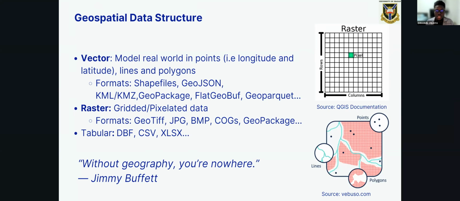The way we represent that is by using the vector data structure, because we can convert all these addresses into points and put them on the map, and we can see that, okay, during this call, we had people from this part of Nigeria, this part of the world, this part of Ibadan. So vector data sets model the real world, everything around us, rivers, roads, infrastructure, buildings, using geometry.